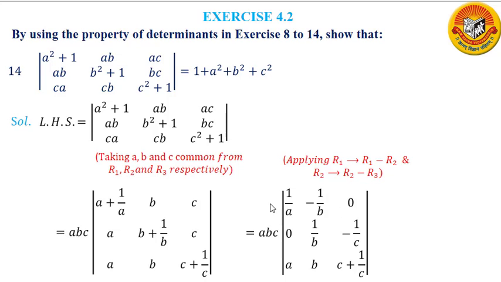Then on the second row I can apply R2 minus R3. Again here I will get 0. Here if I subtract, b will cancel and I will get 1 upon b. And here it is c minus c plus 1 upon c, so when I subtract, I will get minus 1 upon c. And the third row will remain as it is.